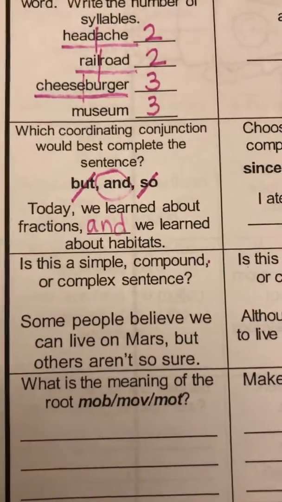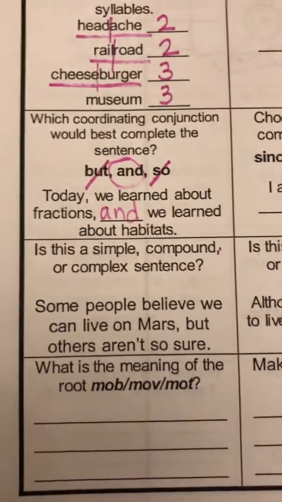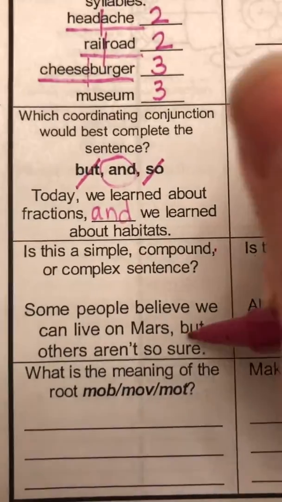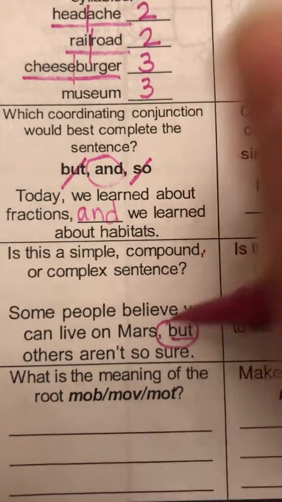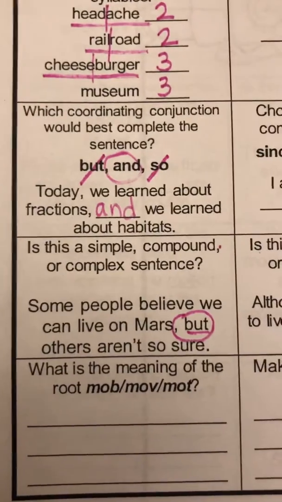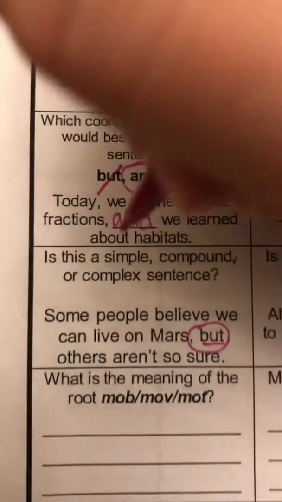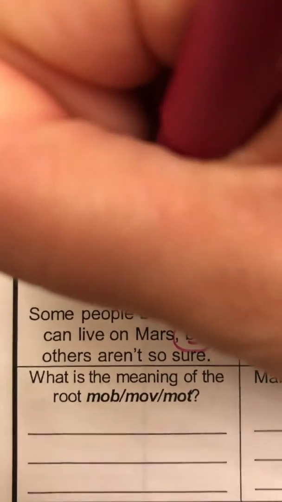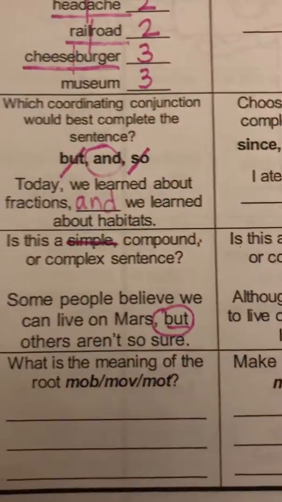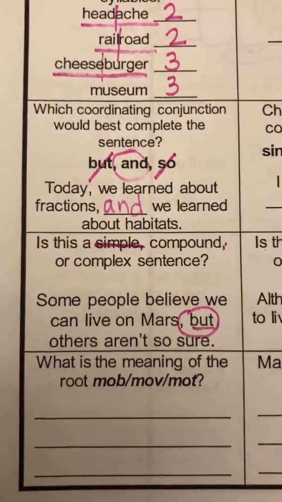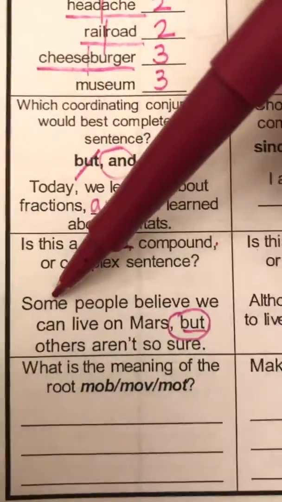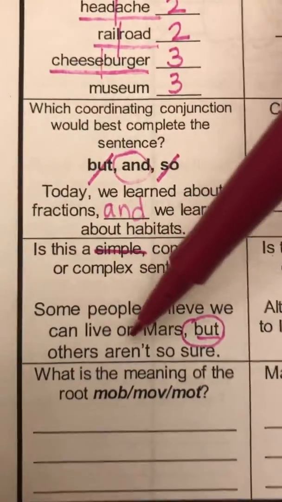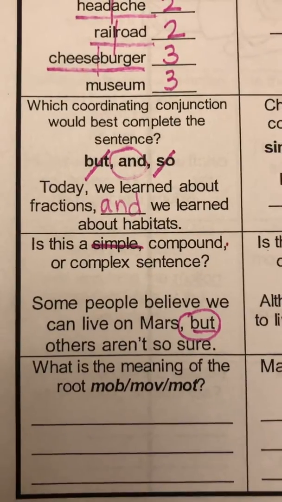So remember our strategy, we look for commas and fanboys. If I look, I see a fanboy right here and a comma, I'm going to circle those. It's going to help me look at the two different pieces. So since it has two pieces, I can go ahead and eliminate simple. Simple is just one complete sentence, so it's definitely not going to be that. So let's look at each side of the comma and the fanboy. Some people believe we can live on Mars. That is independent.